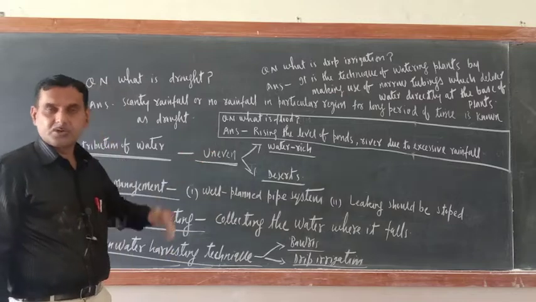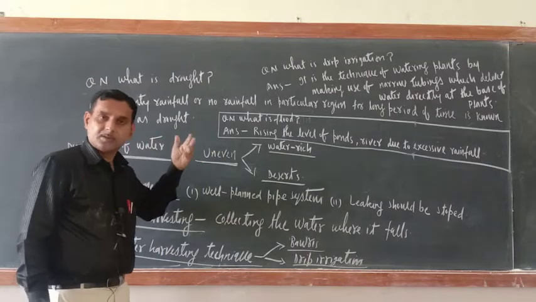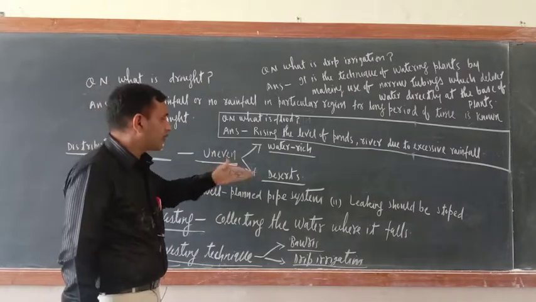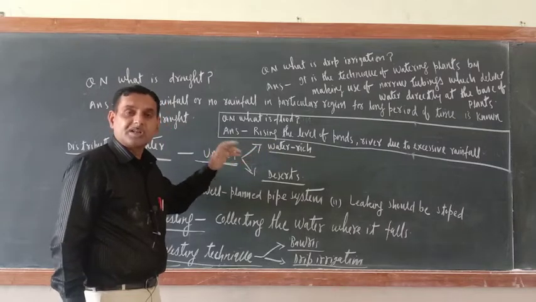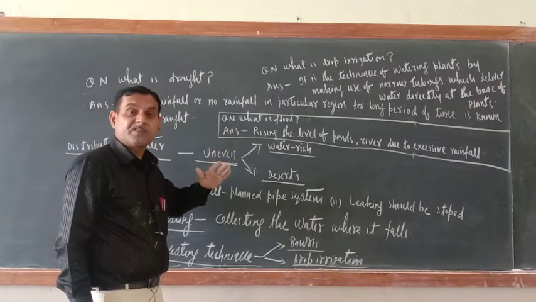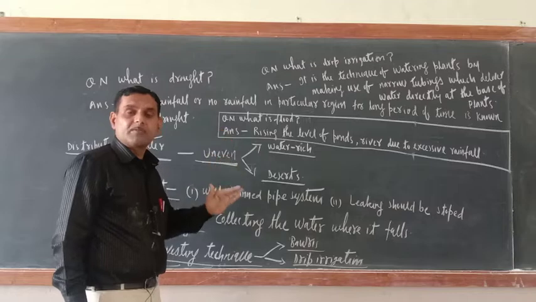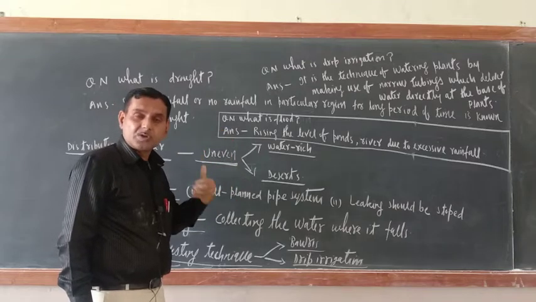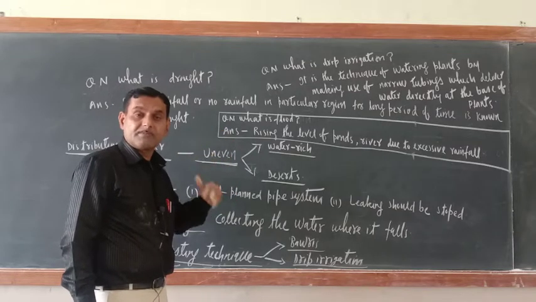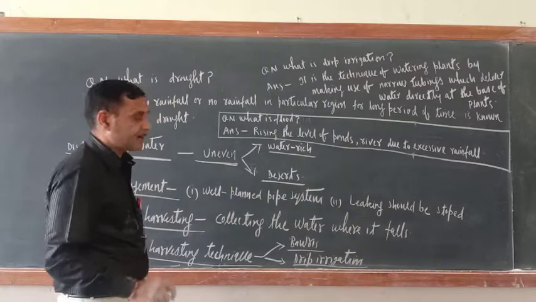In India also, North India is considered to be a water rich place because the rivers are perennial. The rivers which originate from the Himalayas have water almost 12 months of the year, and such rivers are known as perennial rivers.